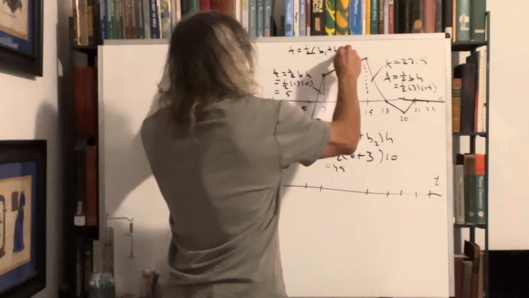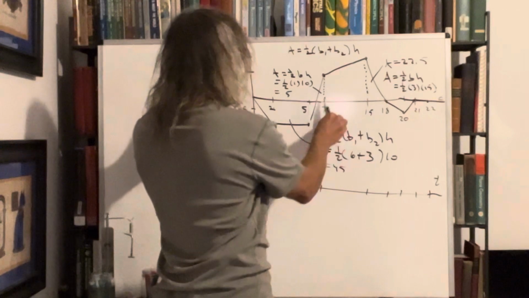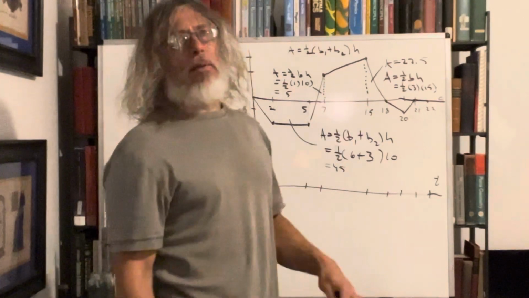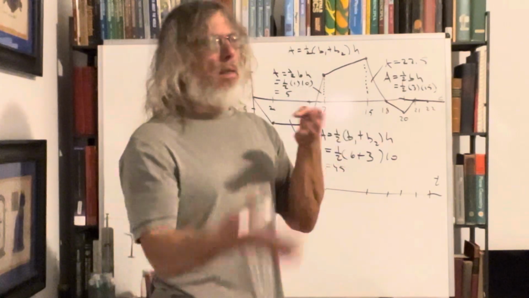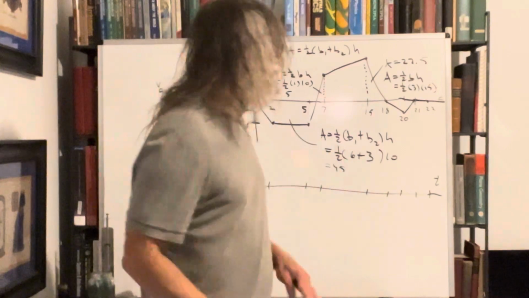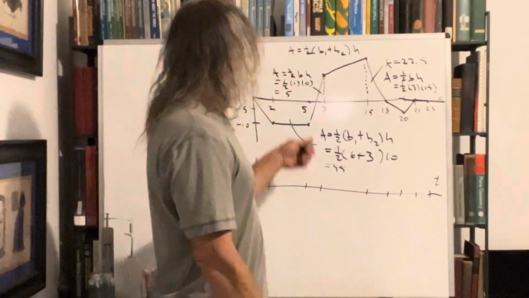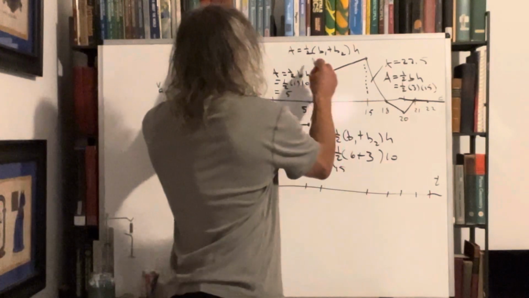trapezoid. So the parallel parts of the base, not the top and bottom this time. This and this are the sides of the trapezoid. Remember, a trapezoid has two sides that are parallel. Those are the bases. These are parallel. We got 10 and 15.